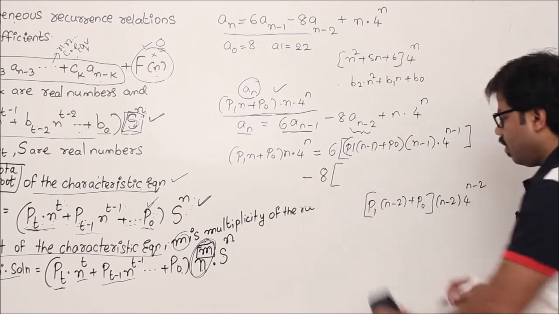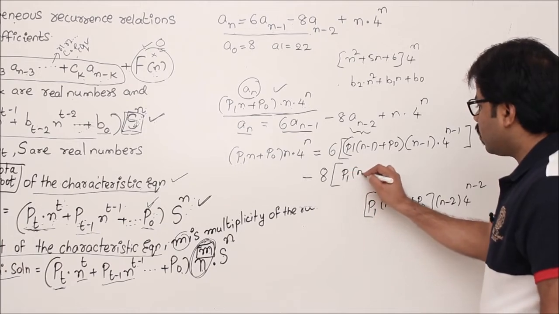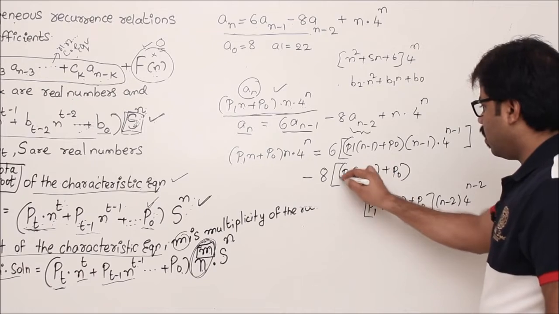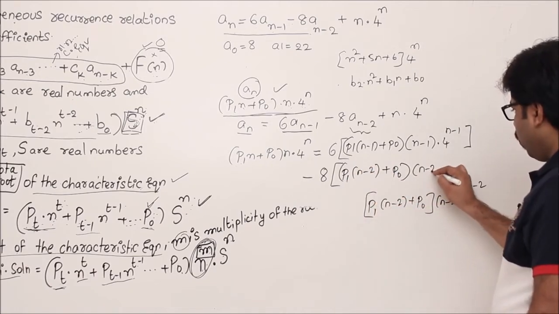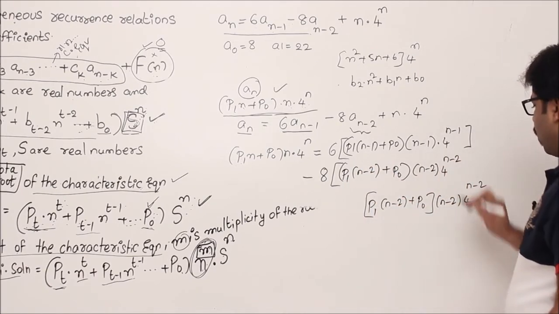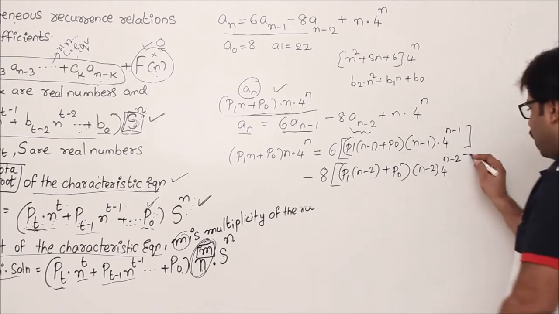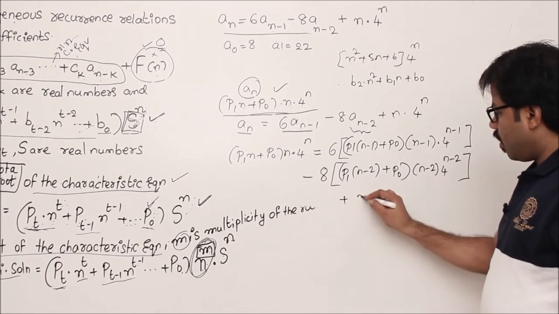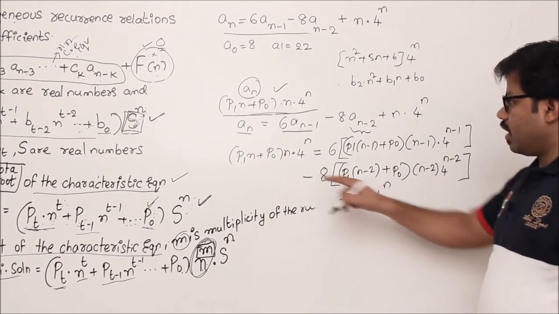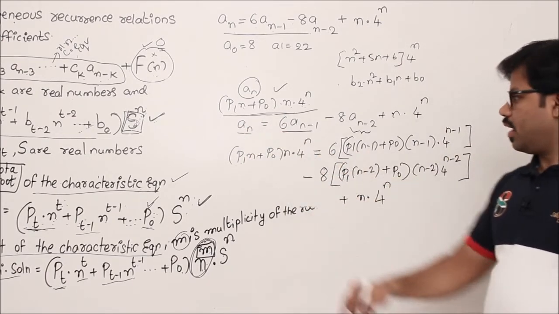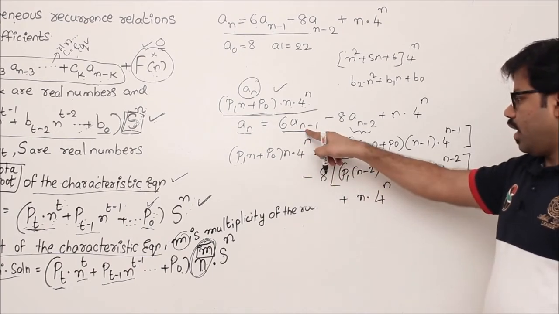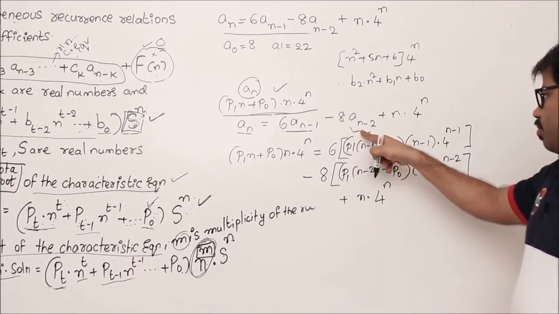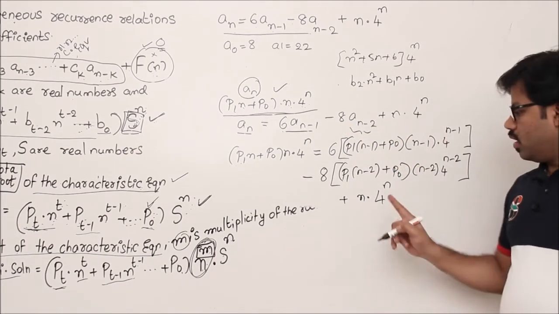I'm writing it here, (p1 into n minus 2 plus p naught), this overall, into n minus 2 into 4 power n minus 2. This is about an minus 2's particular solution, plus n into 4 power n, copy it as it is, because we are writing the particular solution for an, correct? In an we have to write an minus 1's particular solution into 6 minus 8 into the particular solution of an minus 2 plus n into 4 power n.